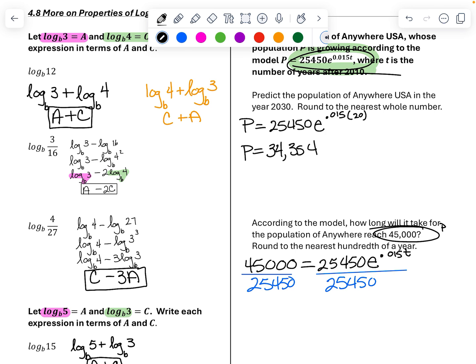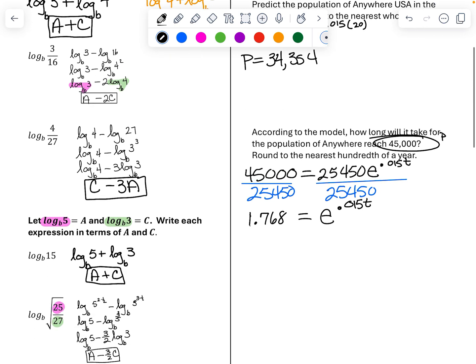So 45,000 people divided by 25,450 people gives us a number, 1.768, equals e to the 0.015t. So we're going to change this to a natural log.